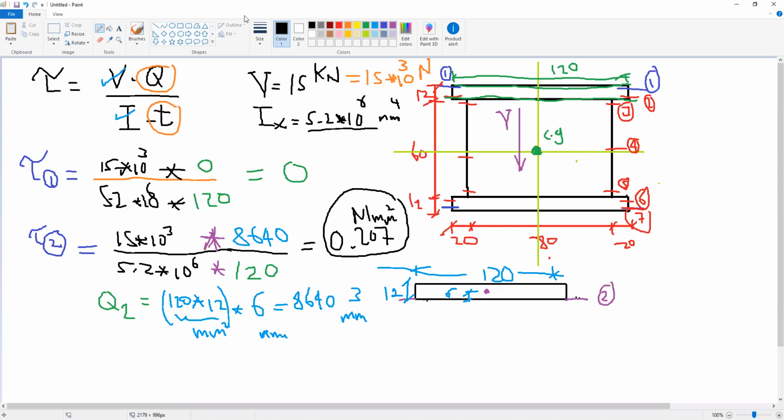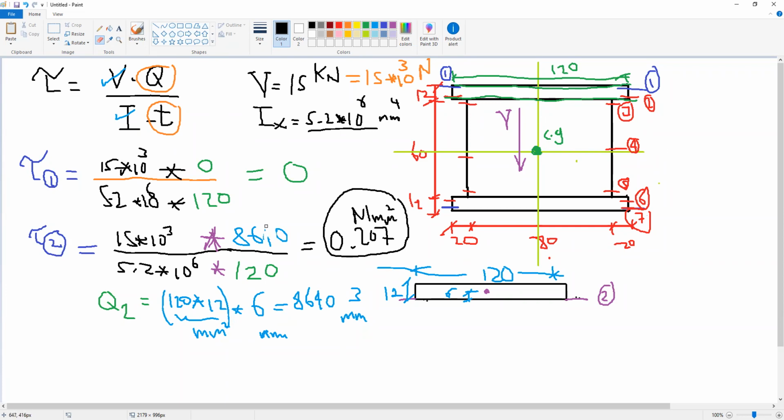Sorry guys, there is a small mistake here. I will change this. Q2 is wrong. Q2 is calculated up to the centroid of the whole section, so just delete this one.